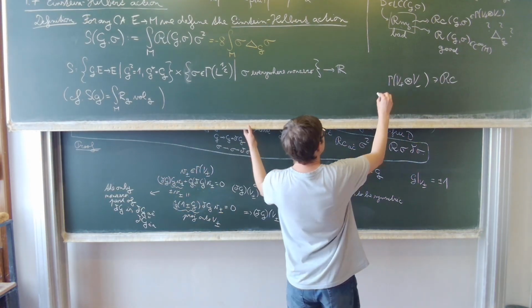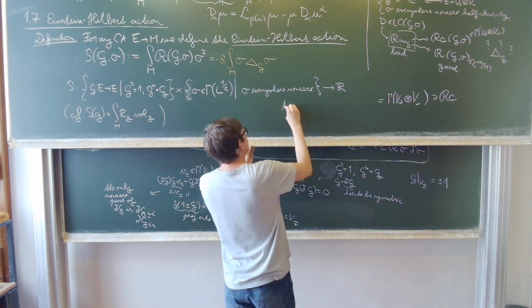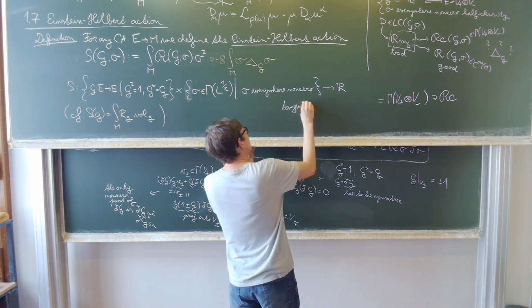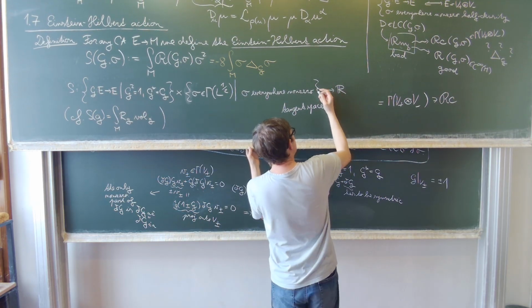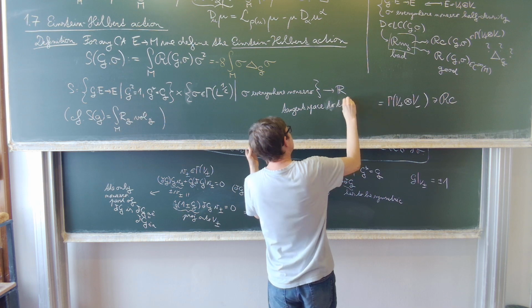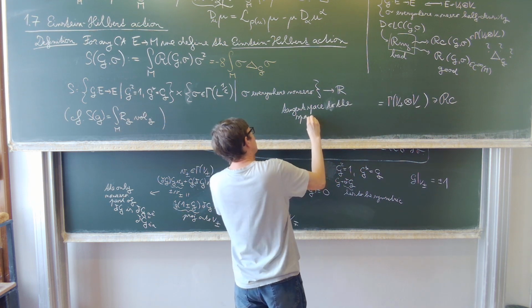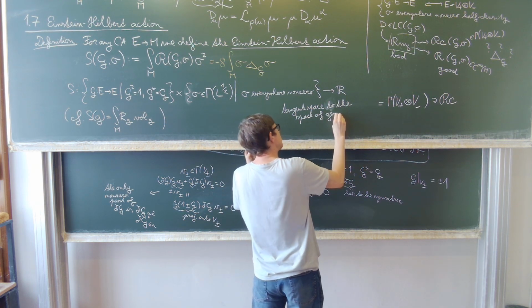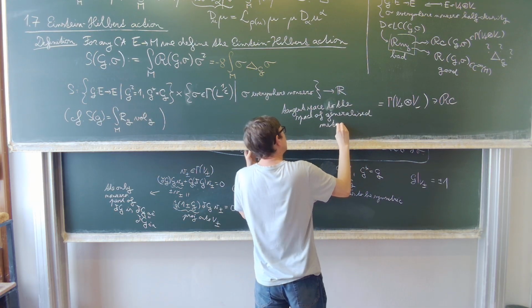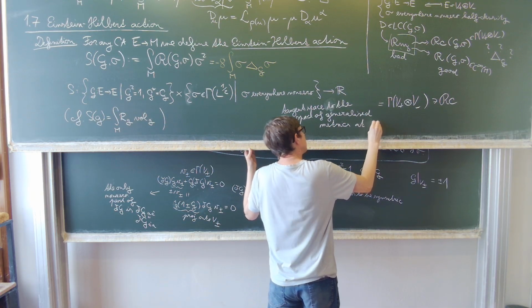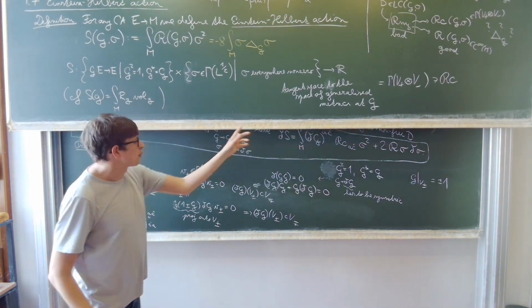So this is the tangent space to the space of generalized metrics at G. That's what we just established.